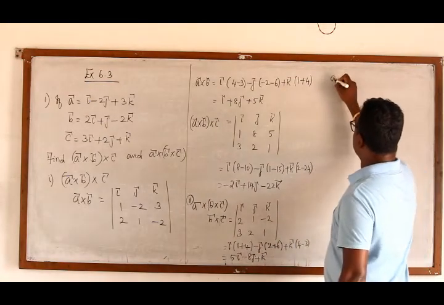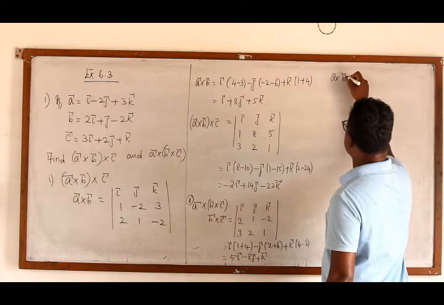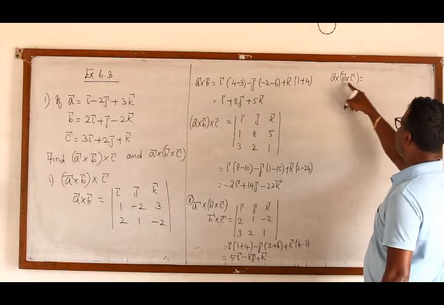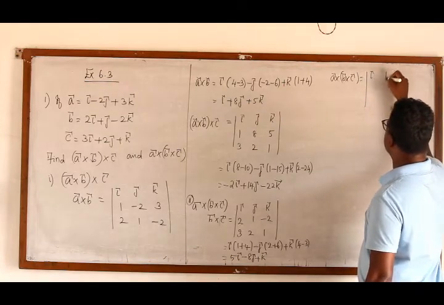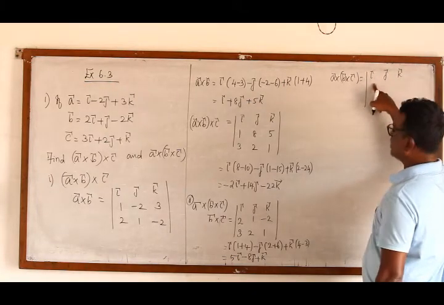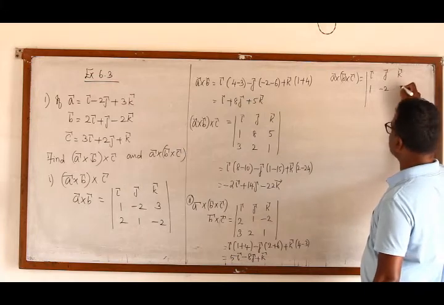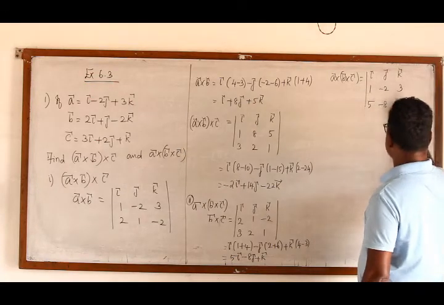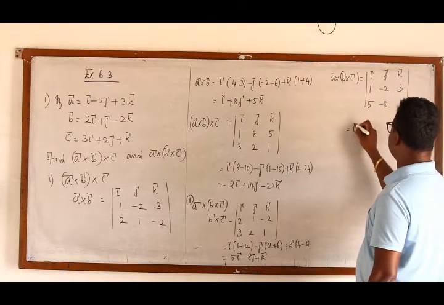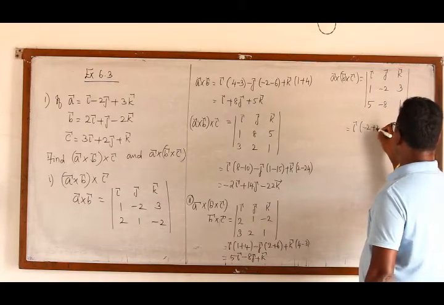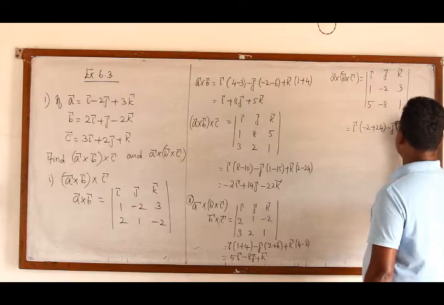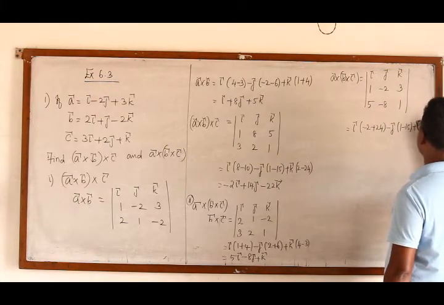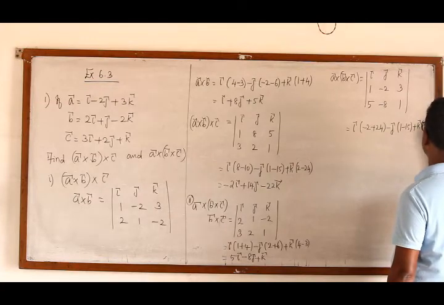Now I have to find A cross (B cross C). That means I must find the cross product between A and B cross C. So again determinant, i, j, k. Now A is 1, minus 2, 3, and then B cross C is 5, minus 8, 1. Now expanding: i into (minus 2 plus 24) minus j into (1 minus 15) plus k into (minus 8 plus 10).